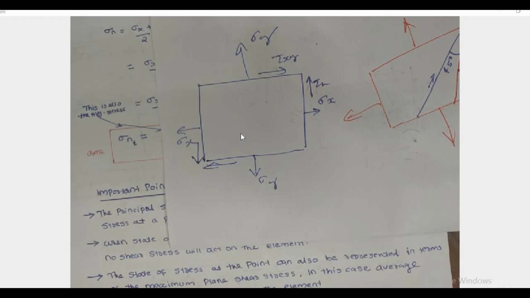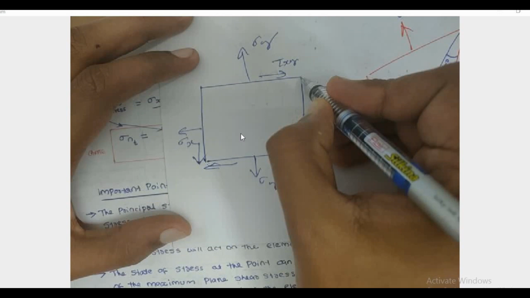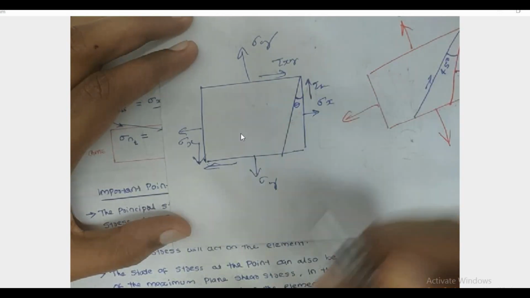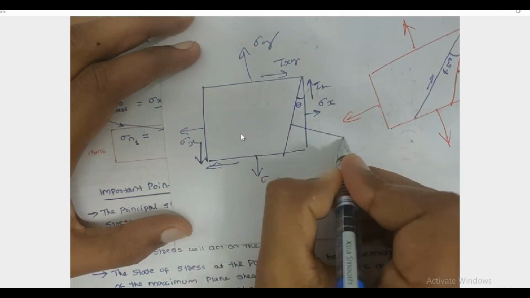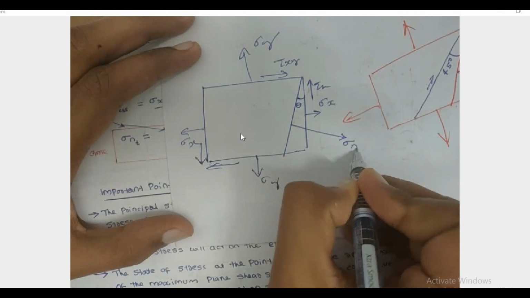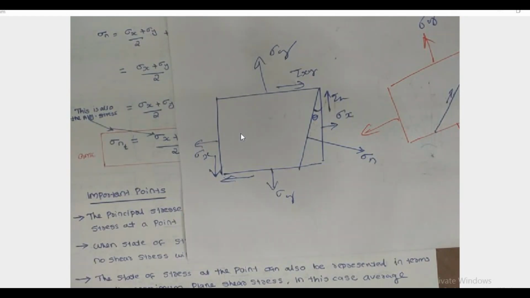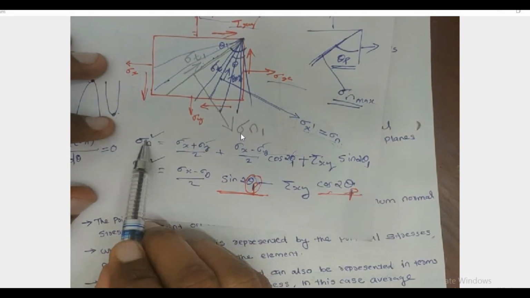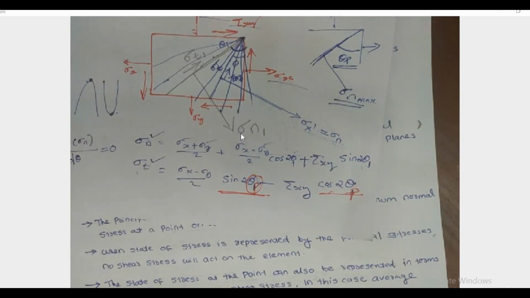And this is a plane that is at an angle theta with the vertical. What is the normal stress? Sigma n is the normal stress, and we already discussed the formula, this one is the formula.